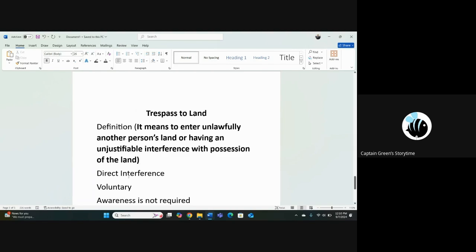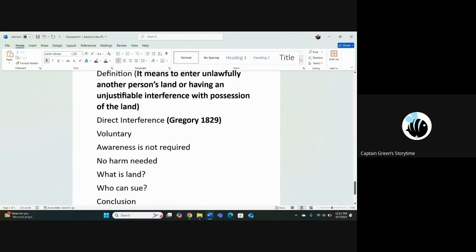Then we come to direct interference, which is the first element to be proved. You can use the case of Gregory 1829 to claim for the direct interference that you cause on someone's land. Secondly, the interference must be voluntary.